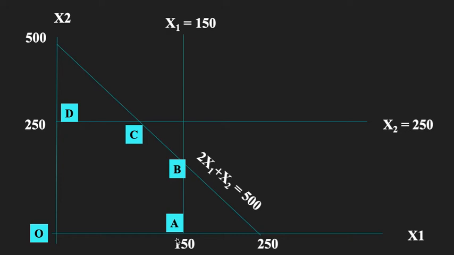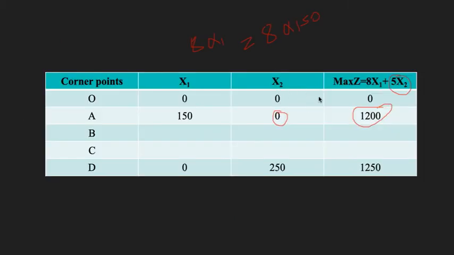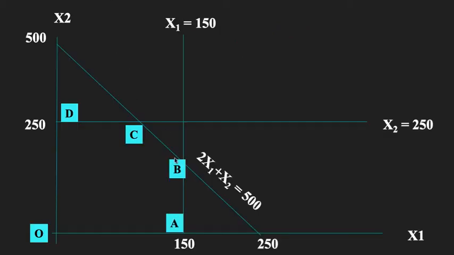So we are going to substitute the value of x1 equal to 150 at point A. In the equation max z is equal to 8x1 plus 5x2, x1 is 150 and x2 is 0, so this portion will become 0. So 8x1 is 8 into 150, that is 1200.